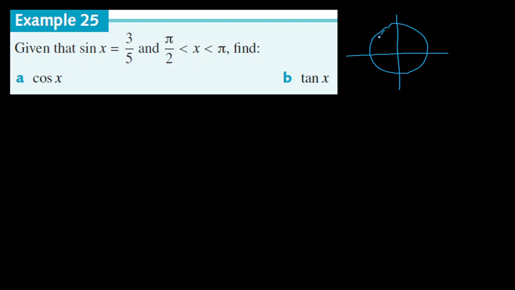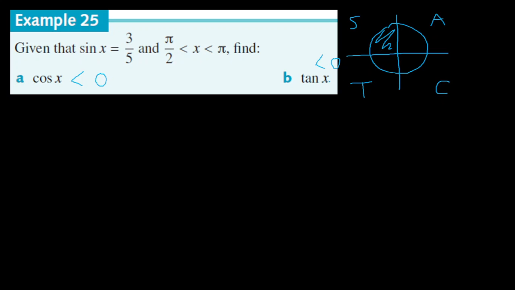Pi on 2 to pi is the second quadrant. And if you remember your acronym, All Students Take Coffee, in that quadrant only sine is positive. So what it means is cos and tangent must be negative.